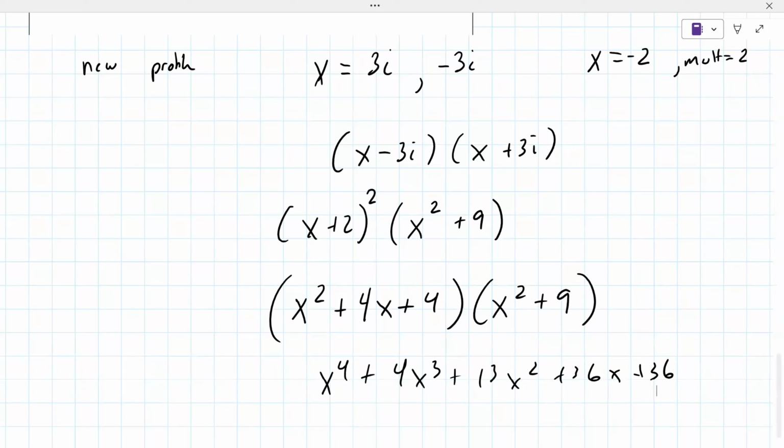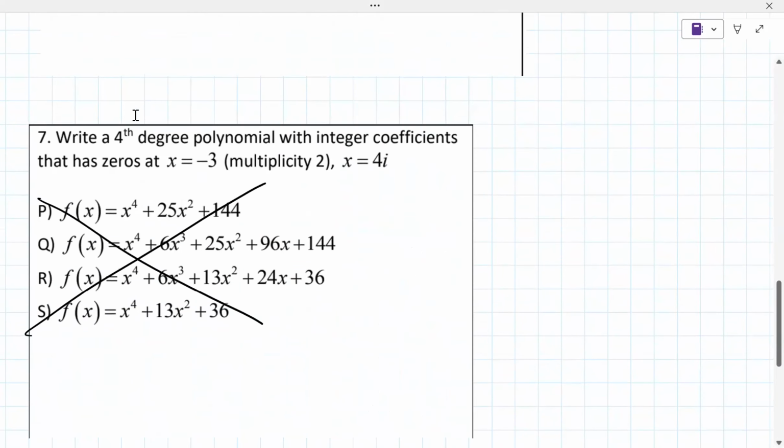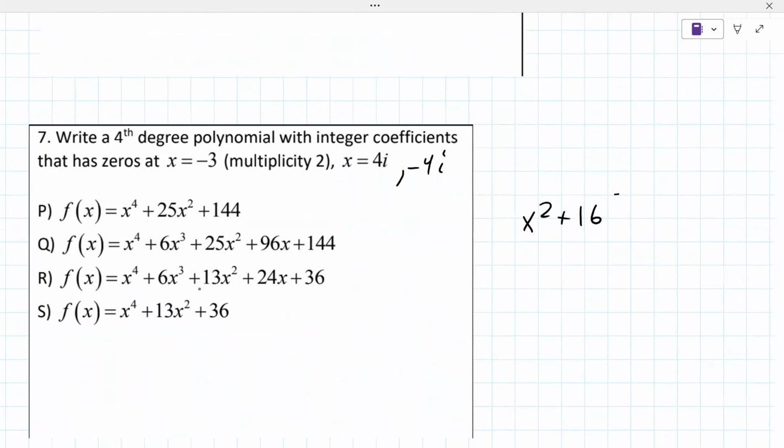Okay, very good. So that is correct. That was very fast also. So when you look back at this problem, let's see if we can whittle it down to 2 answers quickly. So the 4i and the minus 4i becomes x squared plus 16. And then you have x plus 3 squared.